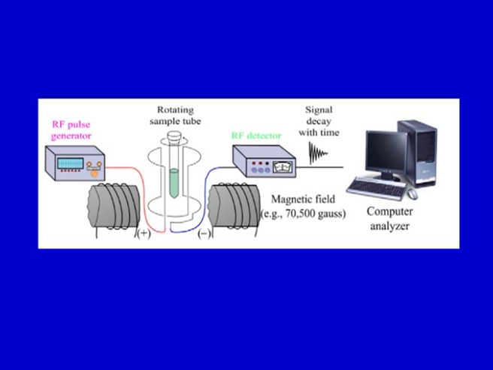There are two powerful magnets, and there is an RF detector, and finally the signal is obtained in terms of peaks, which can be analyzed on an automated system, with many different software packages available for computing the 3D structure from 2-dimensional or 3-dimensional NMR. 1-dimensional NMR, say proton NMR, is only for identification of the chemical or electronic environment of a particular nucleus.